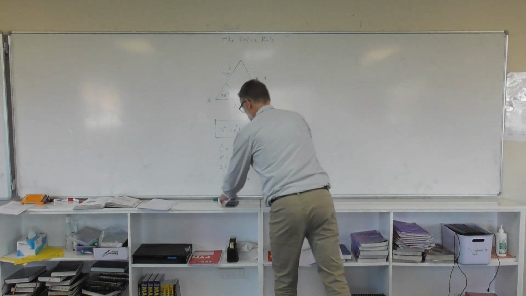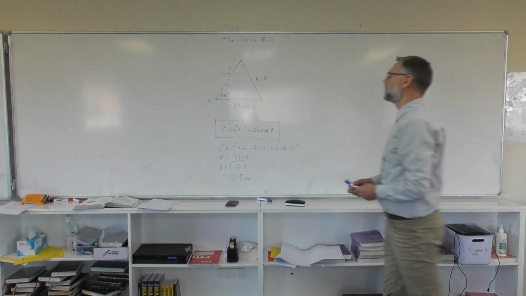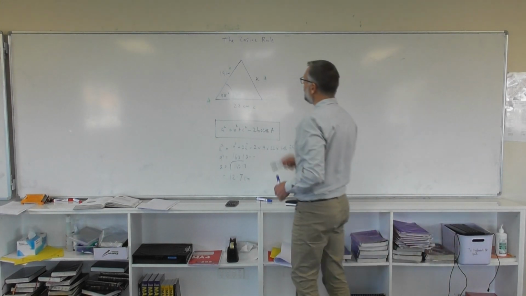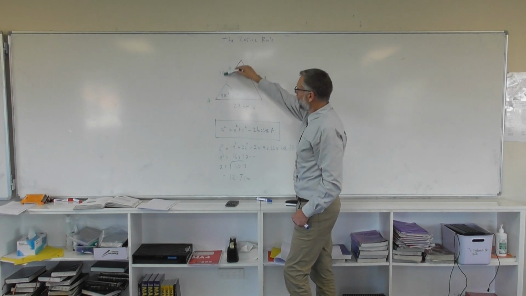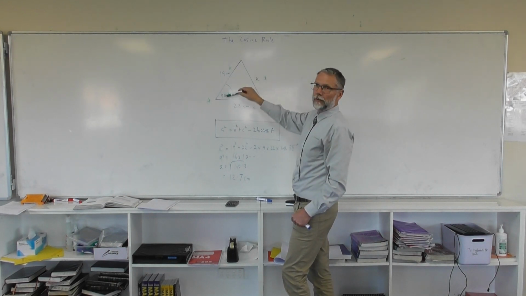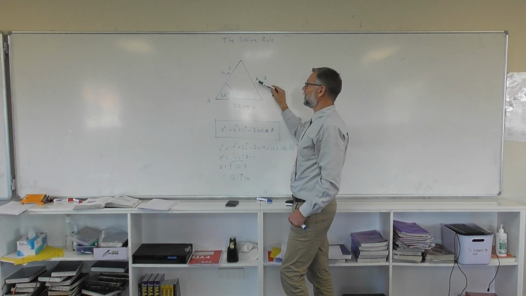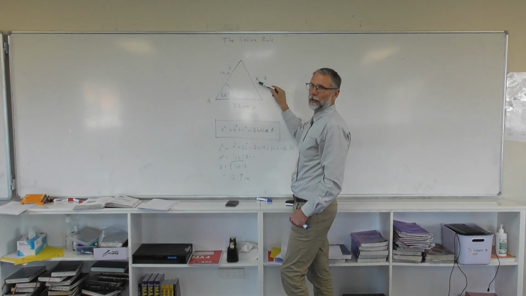So just look again, how do I know that I can use the cosine rule here? Well, the cosine rule involves having 1, 2, 3 sides and one angle, and if I'm trying to find that opposite side, that works. So that's where the difference is between the sine rule. The sine rule required pairs of angles and sides, 2 sides, 2 angles.